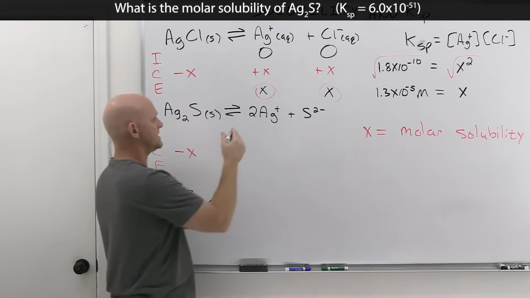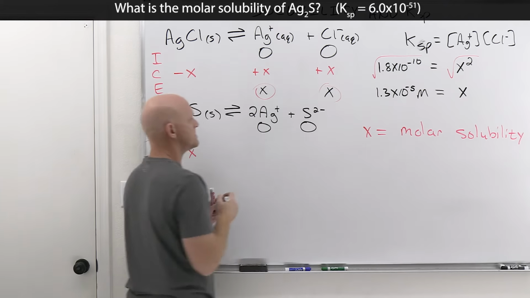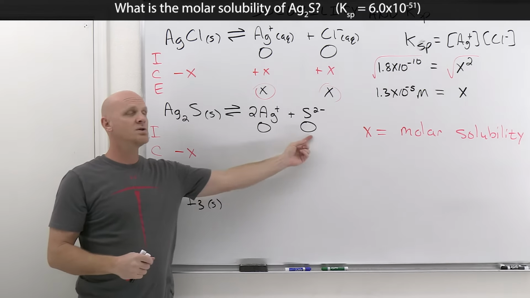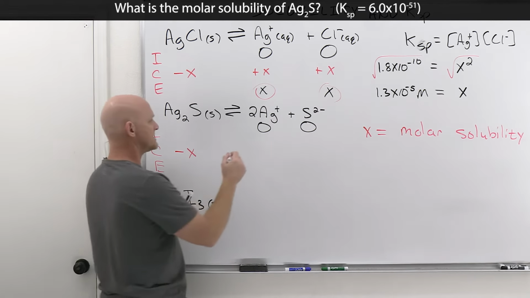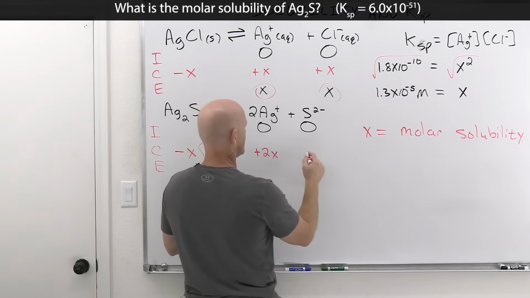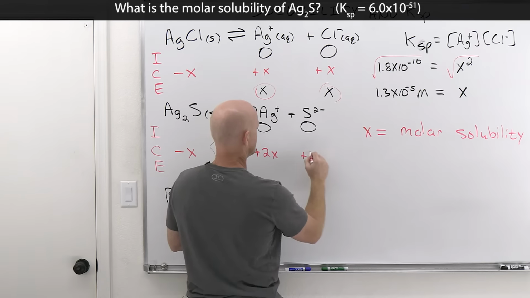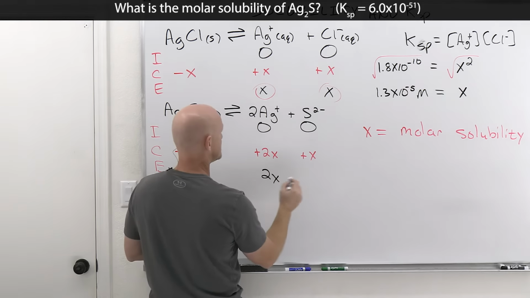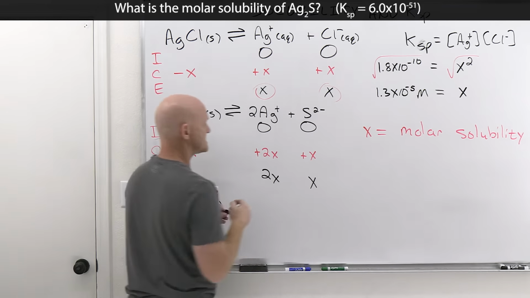On the other side here, 0 and 0, before any of that silver sulfide dissolves, there should be no silver ions and no sulfide ions in your water. But instead of plus x here for the silver, it's going to be plus 2x. And for the sulfide, just plus x. And 0 plus 2x is 2x, and 0 plus x is x.